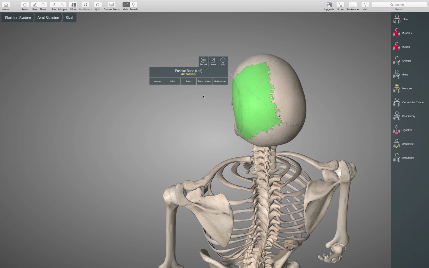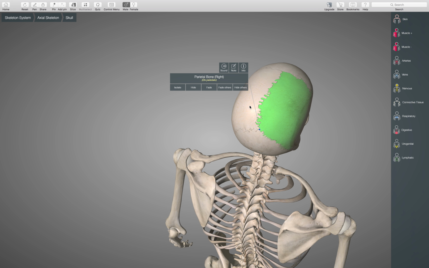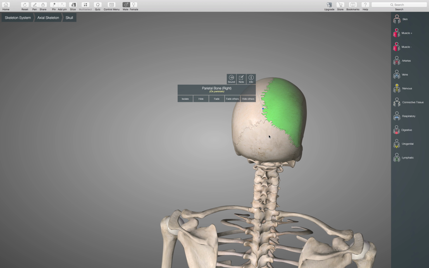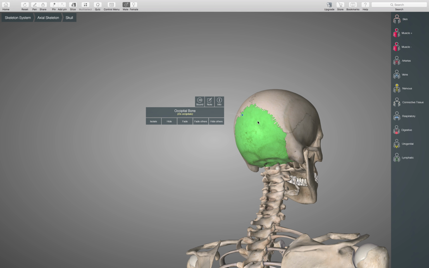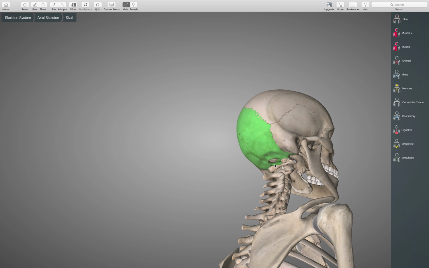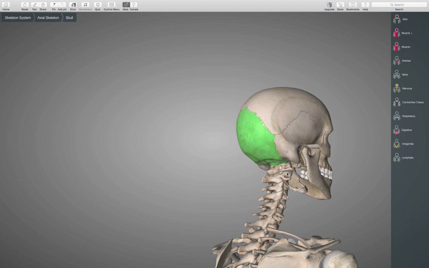On the top is the parietal bone, divided into two parts from left to right. Behind is the occipital bone. It's the bone that binds to the atlas, which is the first cervical bone of the spine.